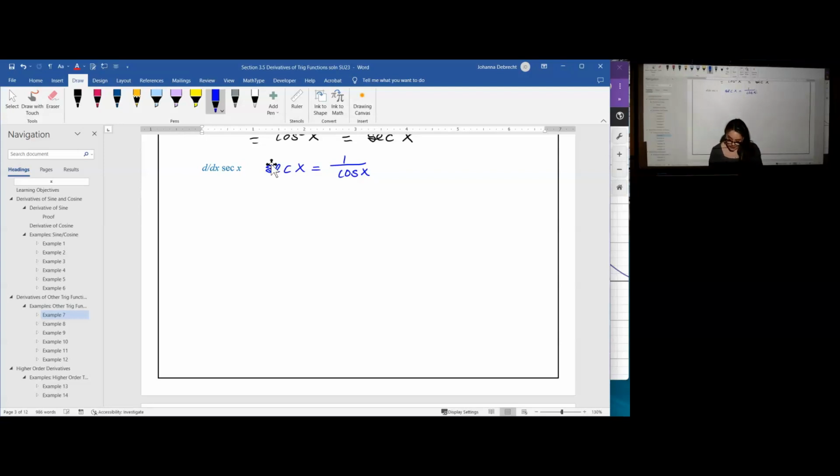The quotient rule in this case is going to have f as 1 and g as cosine x. Again, we're using the formula f prime g minus g prime f divided by g squared. The derivative of secant then becomes the derivative of that formula.